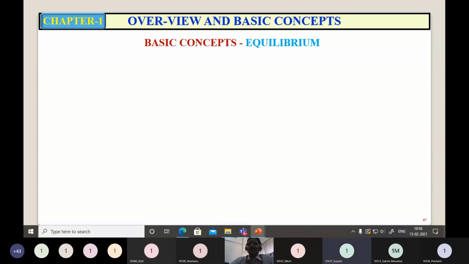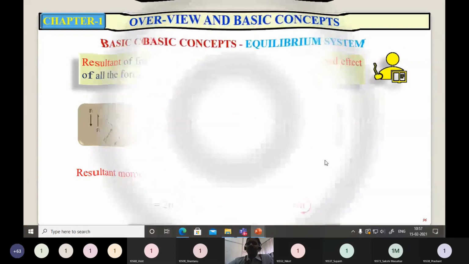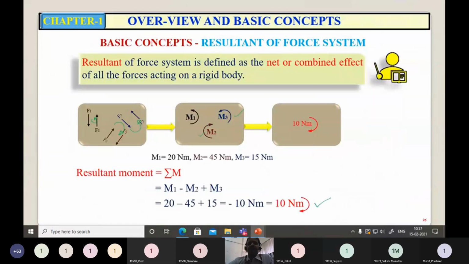Right, that is very important. Though the net force is 0, you cannot say that the body is in equilibrium. Take this example only. Here, the net force is 0. That means this body is not in equilibrium. It is rotating in clockwise direction. Means the body is not in equilibrium.